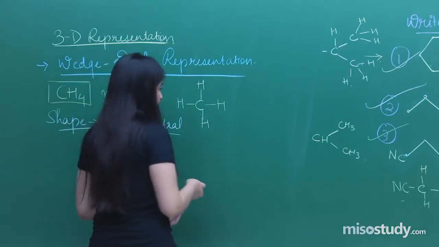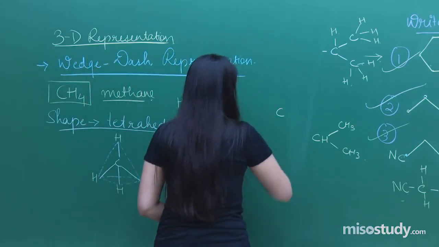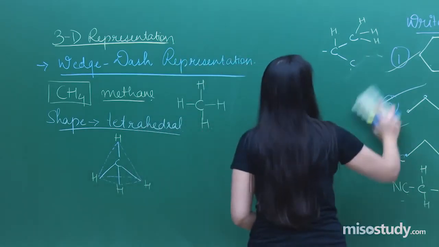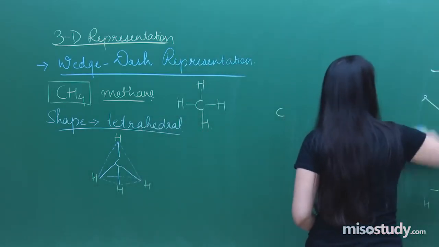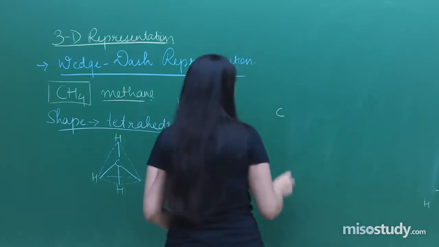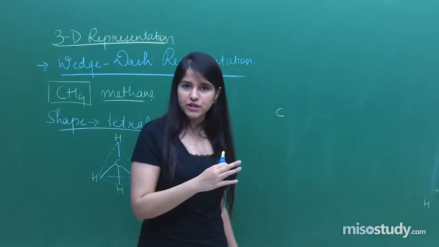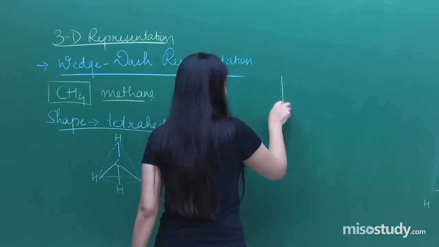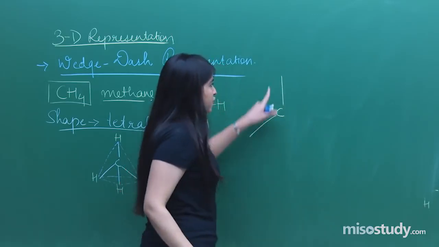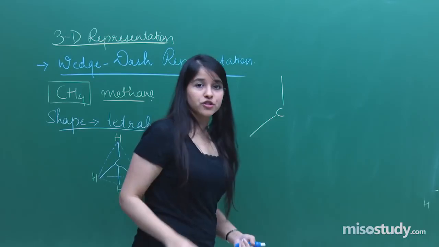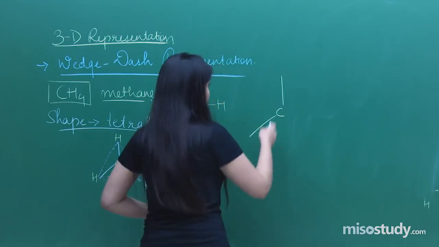That means I have a carbon in between. I represent 2 hydrogen atoms in the plane of paper. Let us assume that these 2 hydrogens are in the plane of paper.